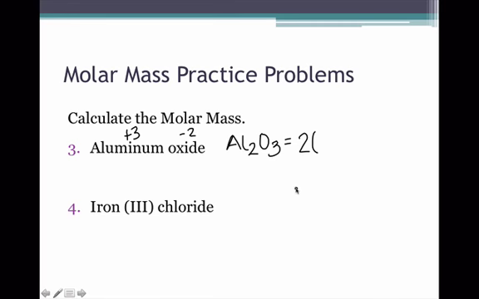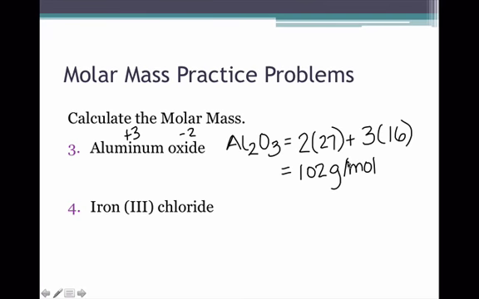That is within 0.1 of a whole, so I'm just going to round it to 27. Plus 3, and we've already done oxygen, is 16. So to figure out that molar mass, I would take 2 times 27 plus 3 times 16. And when I do that, I get 102. Again, grams per 1 mole. And because it's 1, we don't write it, it's just assumed.